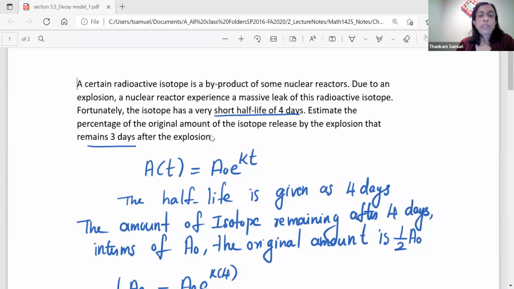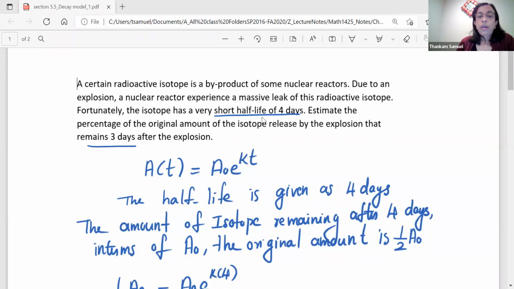Estimate the percentage of the original amount of the isotope released by the explosion that remains 3 days after the explosion. So we are given the half-life of this substance.